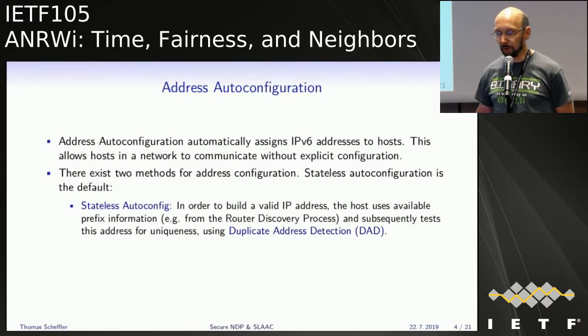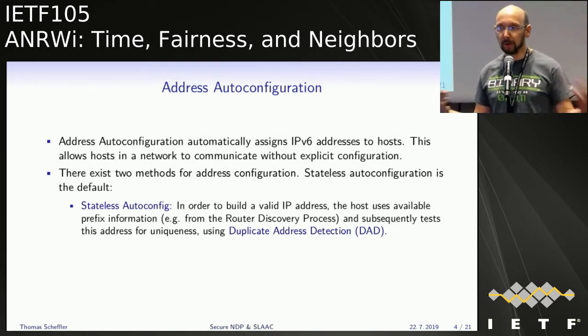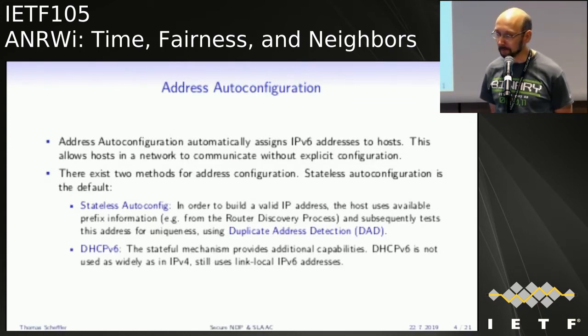By default, all hosts do stateless address auto-configuration, and to configure an address, you can take data from an identifier like a MAC address and turn it into a valid IPv6 address. Then you do so-called duplicate address detection, which lets you know that this address is unique on the network.